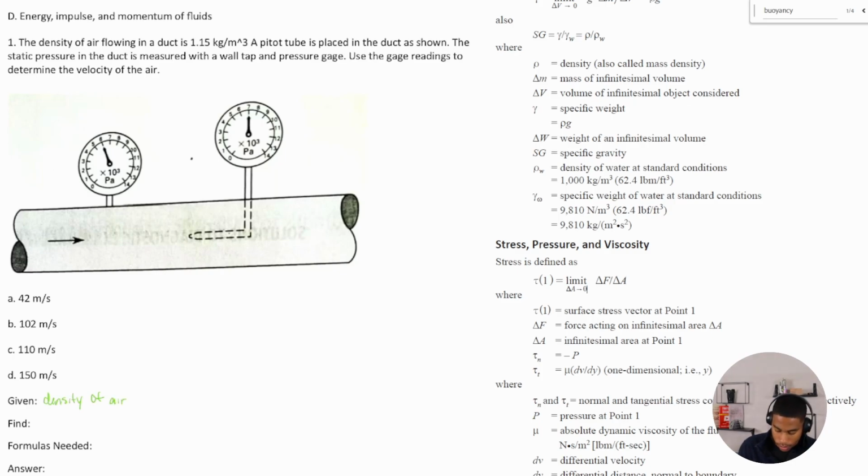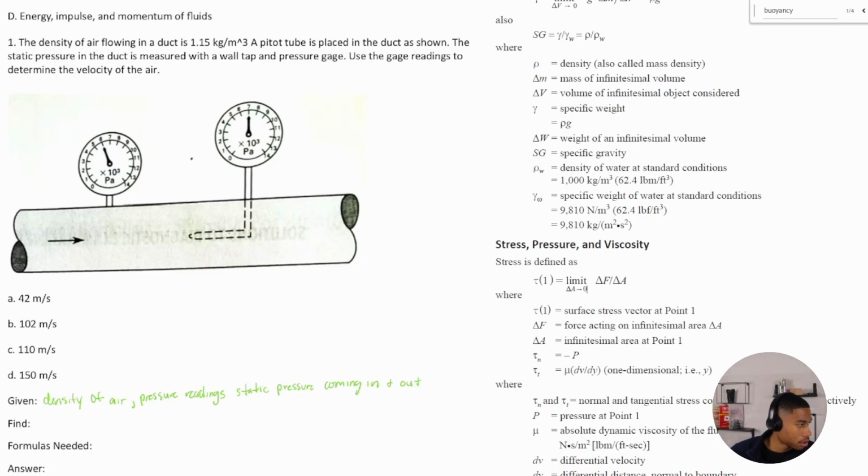We're also given pressure readings of the static pressure coming in and out.